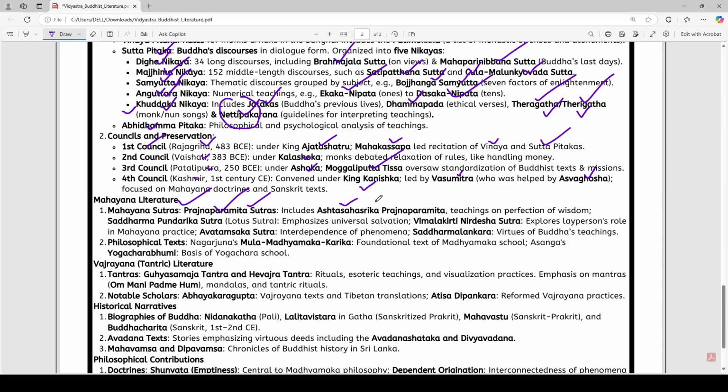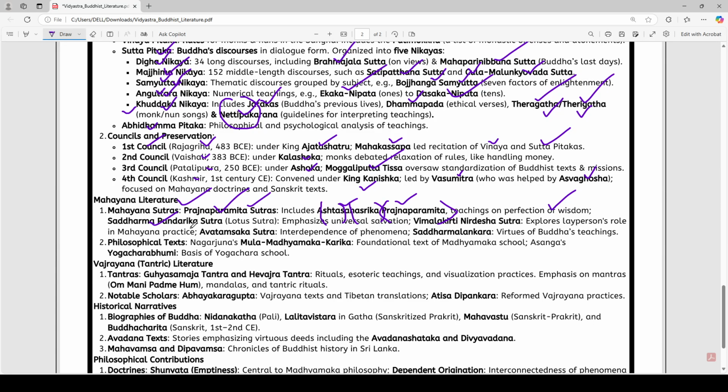Then there is the Asta Sahasrika Prajna Paramita. Prajna Paramita we already know. Asta Sahasrika means 8,000 lines, which tells you about how to attain wisdom. Next we have the teachings of perfect wisdom. Next we have the Sadharma Pundarika Sutra. What is Sadharma Pundarika Sutra?